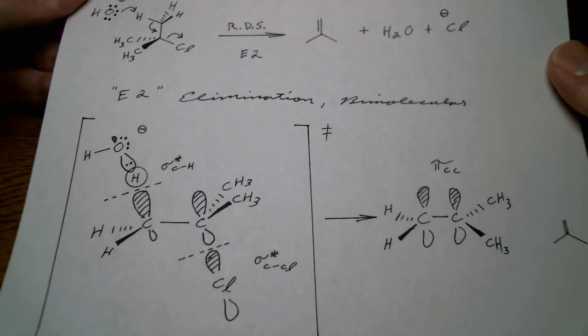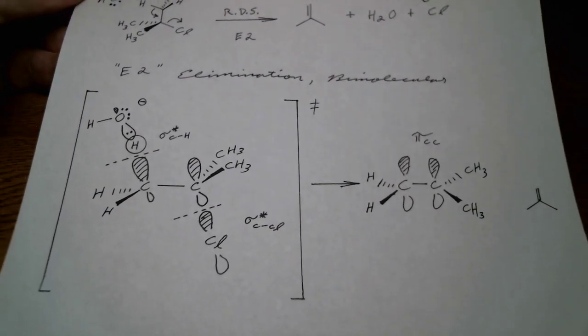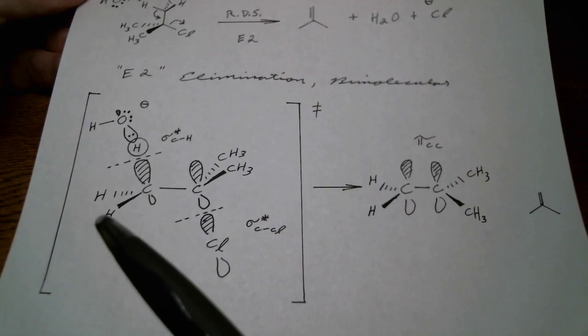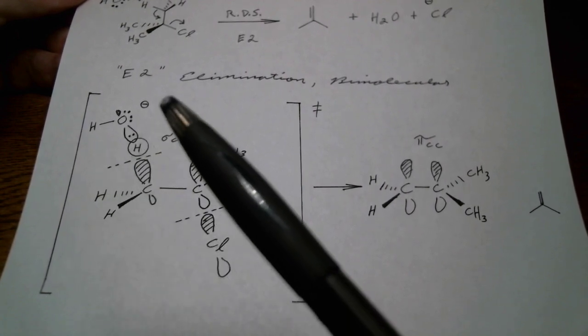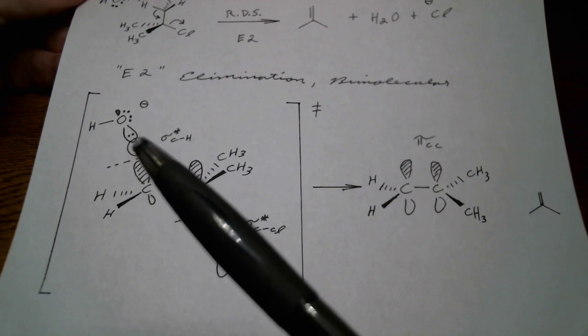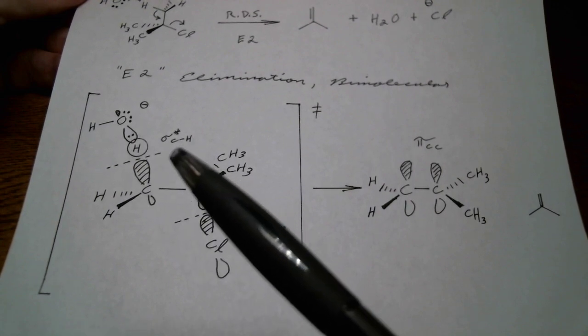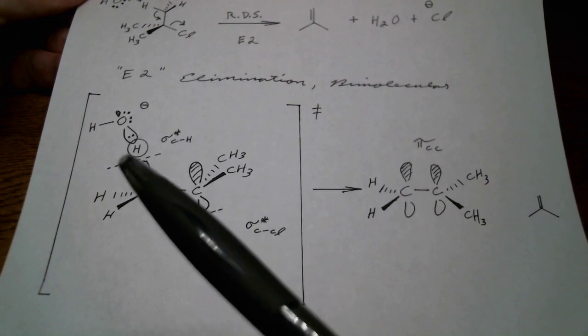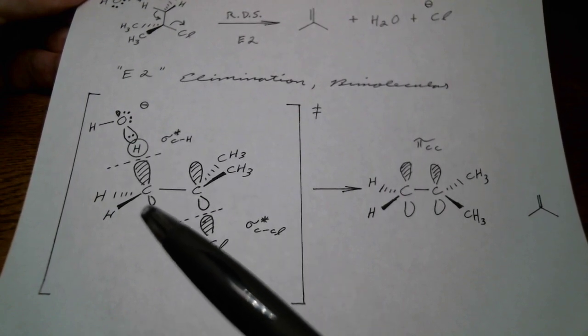So let's see. Here is a molecular orbital description of what's going on. We have our hydroxide anion putting electron density into the adjacent sigma star antibonding carbon-hydrogen molecular orbital, which is empty.